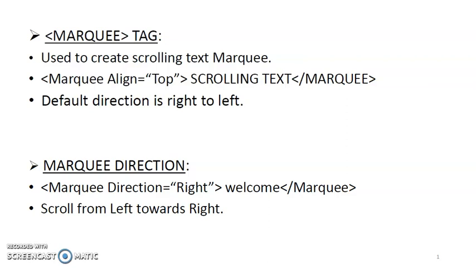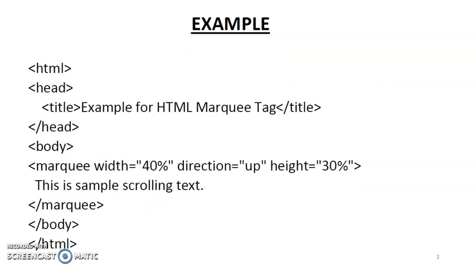Now you can see the example of the marquee tag. First your HTML tag is open, which means your HTML document begins. After that you have a head tag. In the head tag you mention the title of your web page. After that you open the body tag.